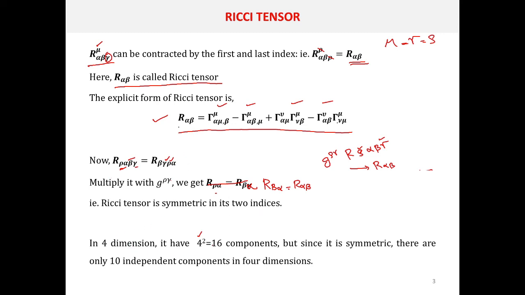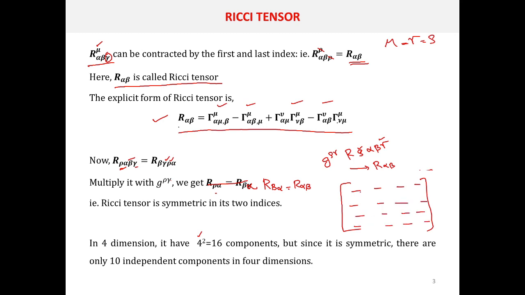Since the Ricci tensor is a second rank tensor, it will have 4 square equal to 16 components in 4 dimensions. But we have seen that the Ricci tensor is symmetric, so you can represent it as a 4 by 4 matrix. That is, there will be 4 rows and 4 columns.